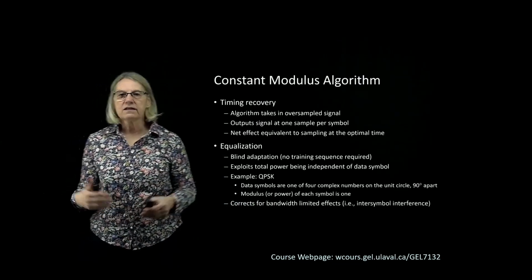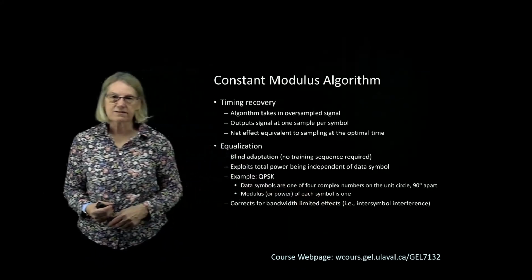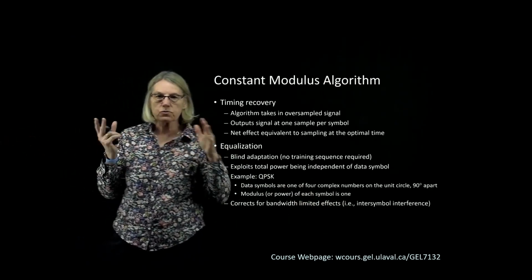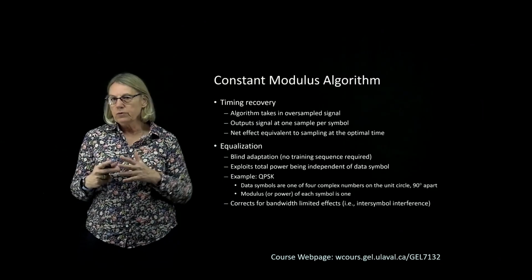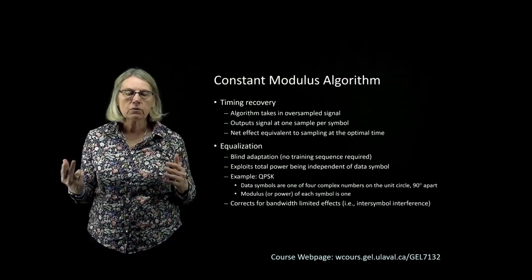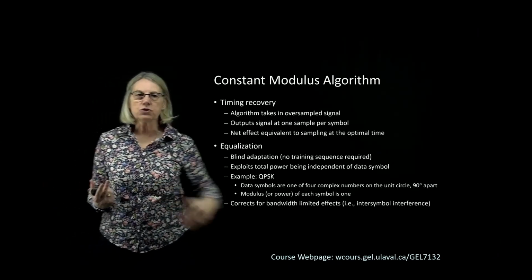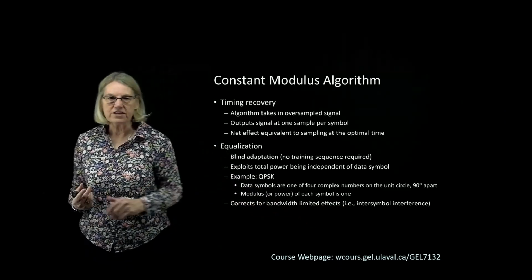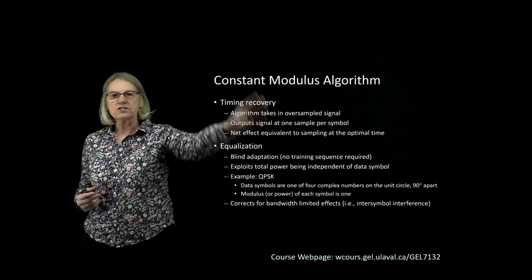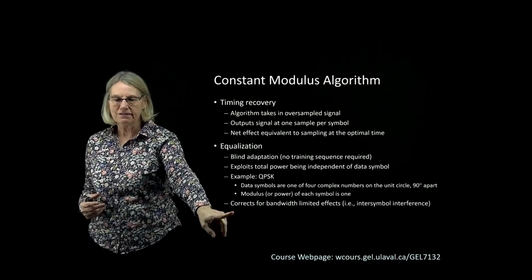It is counteracting something like intersymbol interference: when my data signal goes through a channel with limited bandwidth, it will create a dispersion of the pulse, which will lead to overlapping of symbols and intersymbol interference, which will deteriorate the performance of my communication system. The constant modulus algorithm is a way to do equalization to mitigate this effect.